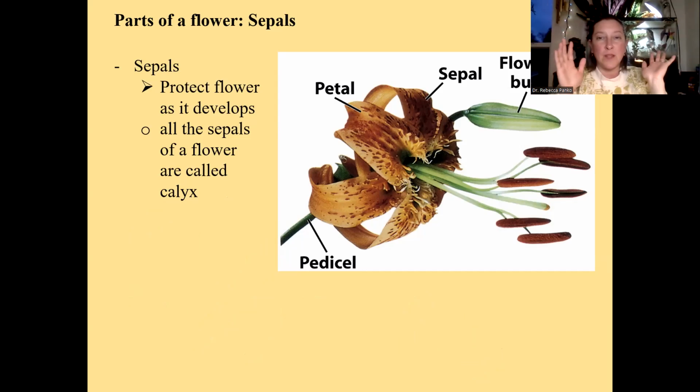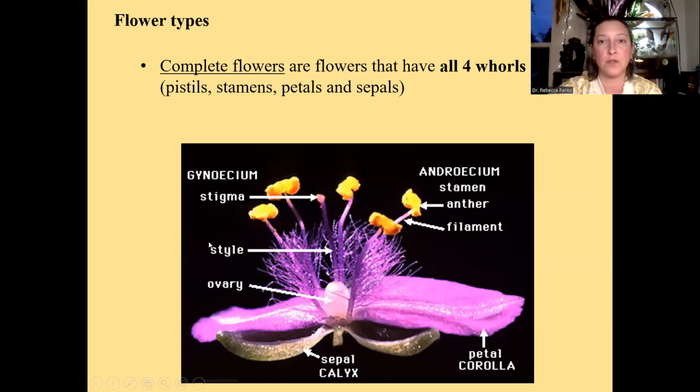So some species of plant have all the whorls, right? If you are a plant species that has all 4 whorls, we call the flowers complete. So complete flowers have all 4 whorls. Here's an example of a complete flower.